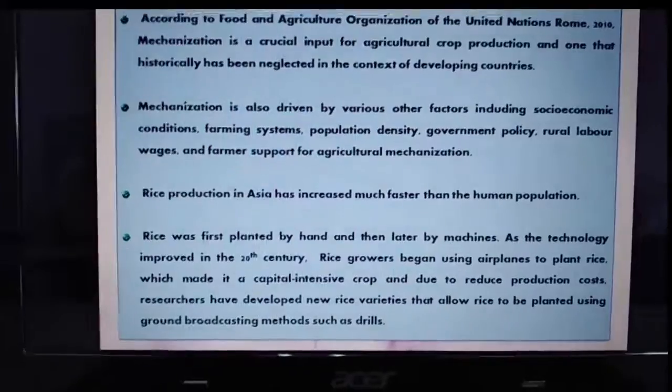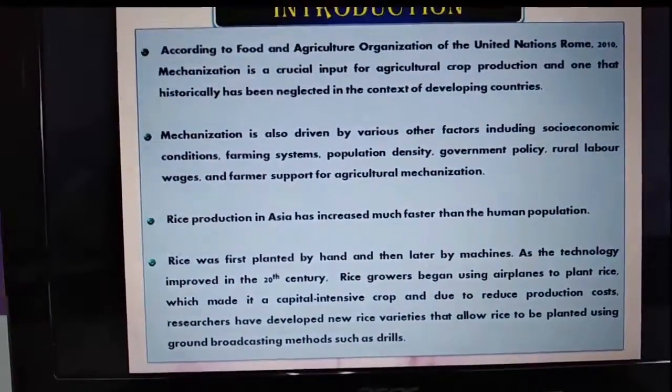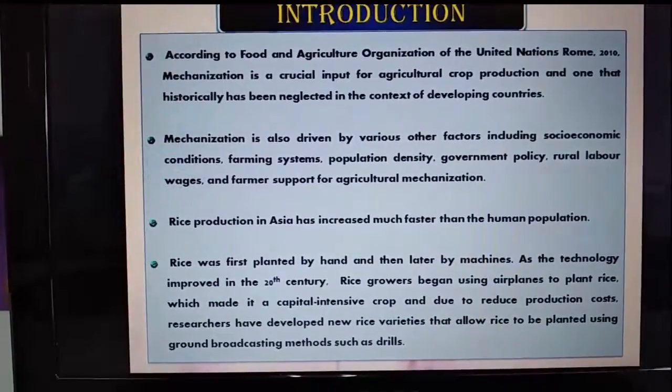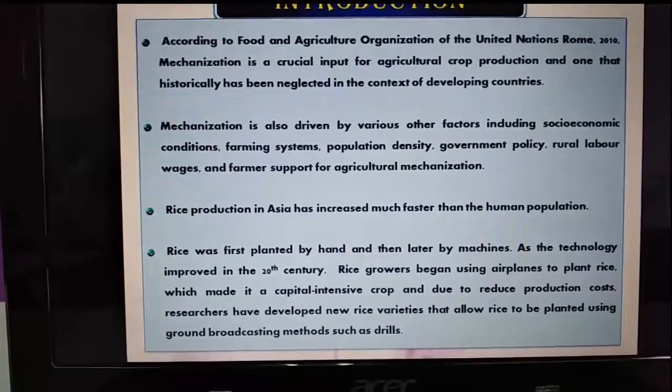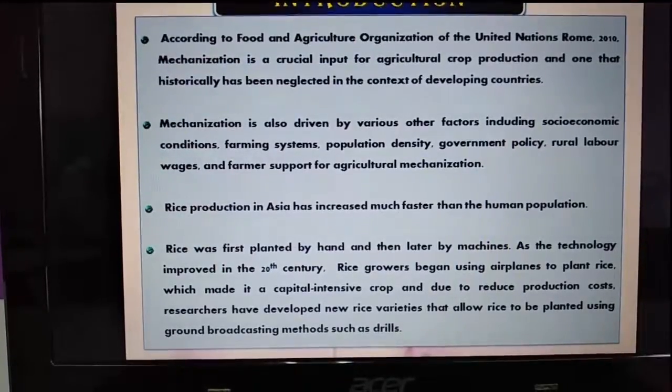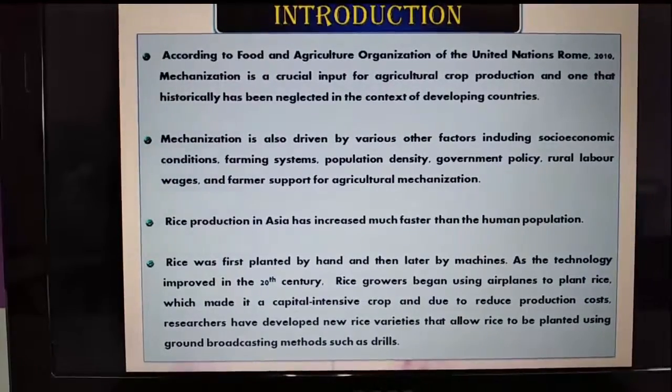Okay, for the introduction, as we know, mechanization is a crucial input for agriculture and crop protection. According to statistics, agriculture development in Asia for several decades has focused on increasing the supply of staple food, particularly rice.